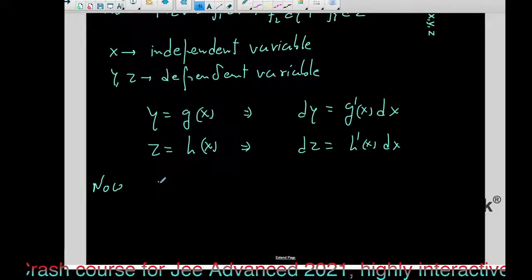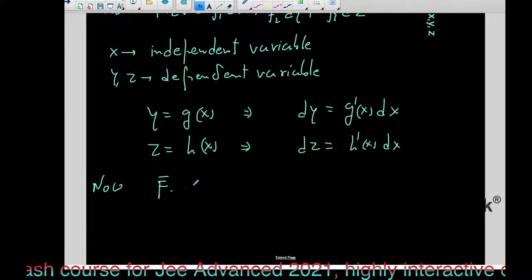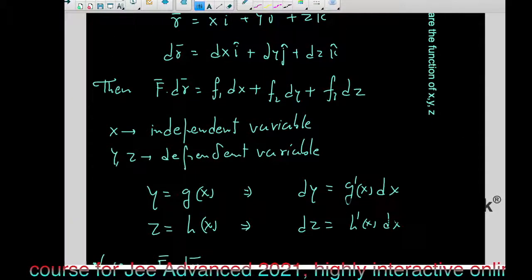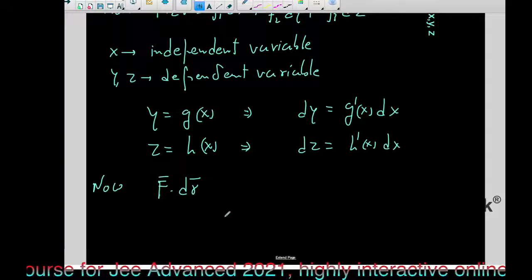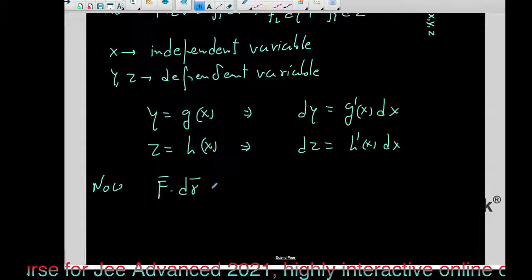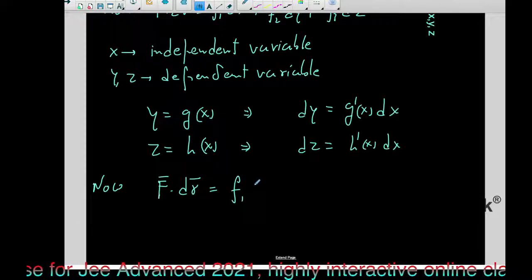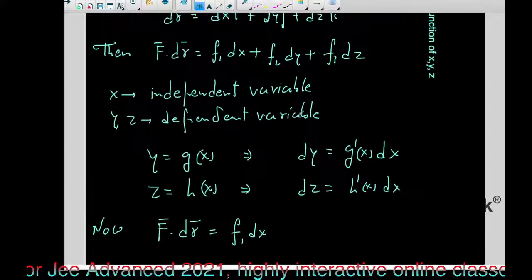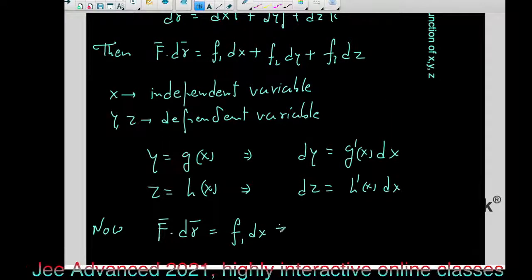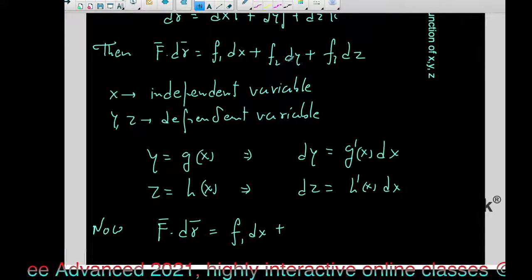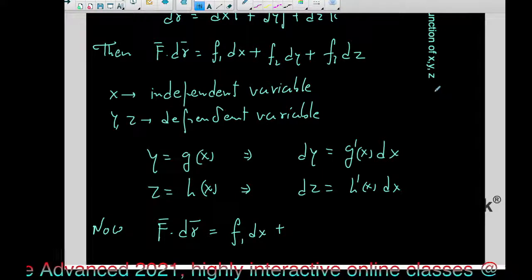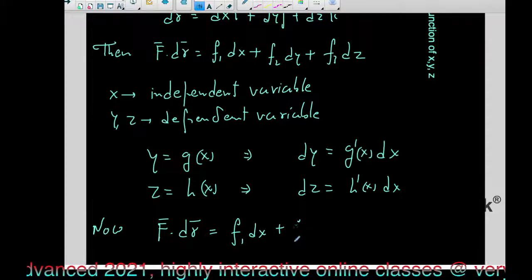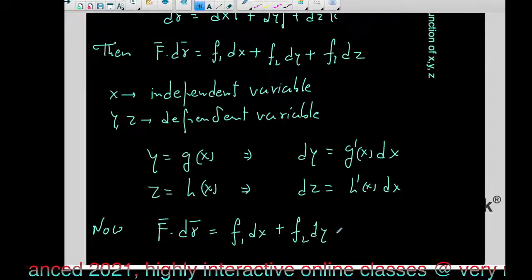What we have to evaluate here is F dot dr, that is F1 dx plus F2 dy plus F3 dz.